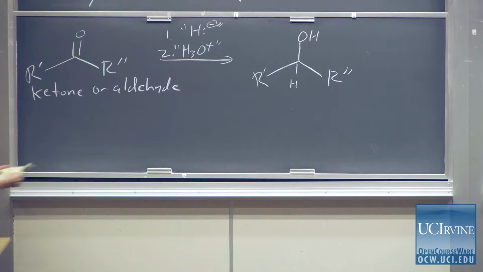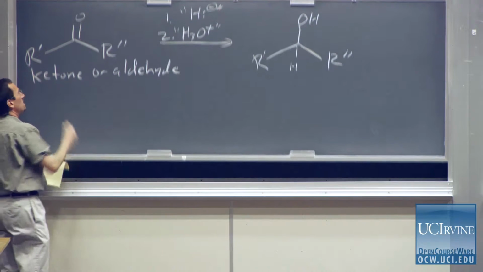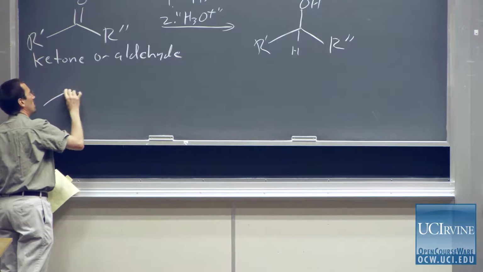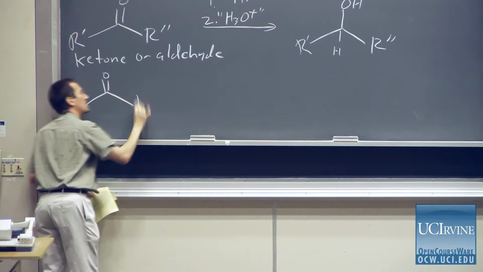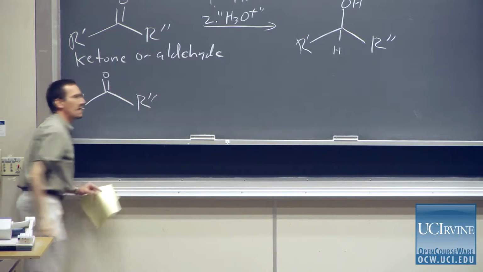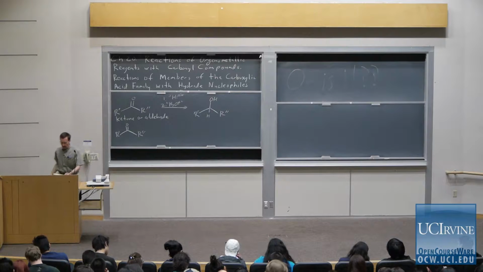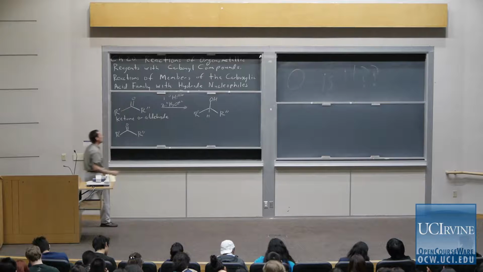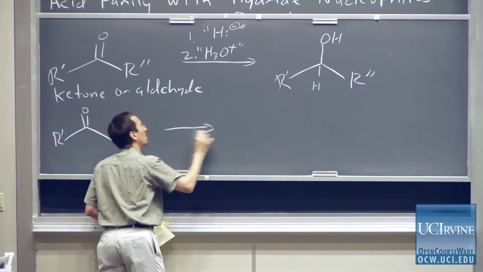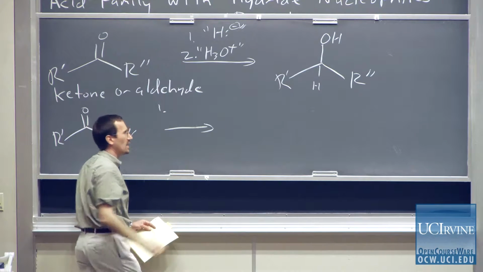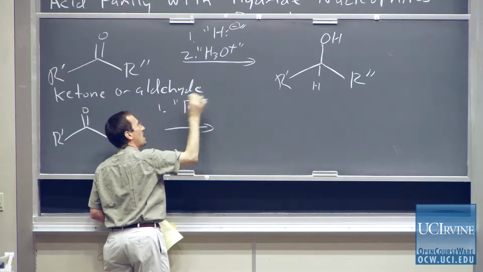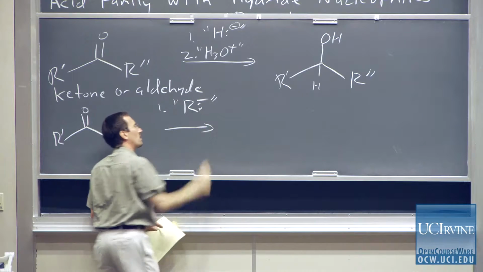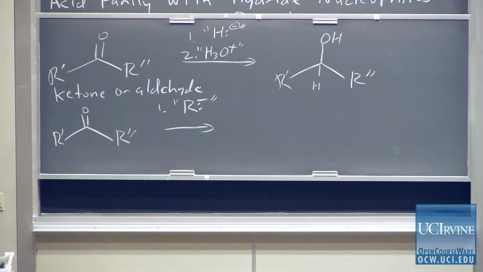Now, what I'd like to do at this point is to consider an analogous reaction, again written as an abstraction. We'll take our ketone or our aldehyde, and we'll imagine that instead of adding our hypothetical hydride anion, we're going to add something that I'll say is R minus with a lone pair of electrons, meaning a carbon-based anion.